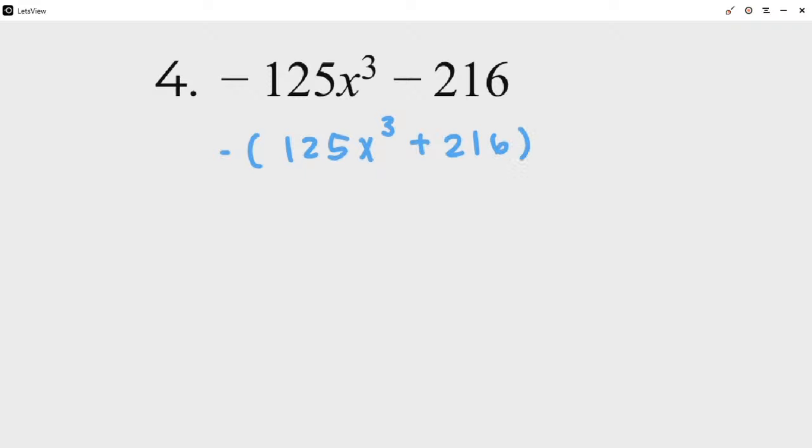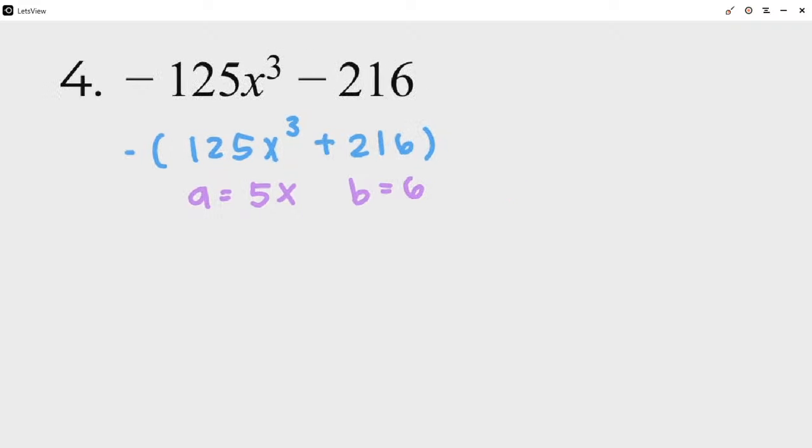And then from here, I'm going to find a and b. So a is going to be 5x, and b is, sorry, I didn't calculate this earlier. I think it's 6 though, but let me check. Okay, yes, it's 6. So that means b will equal 6. We're going to plug this into the sum of two cubes.